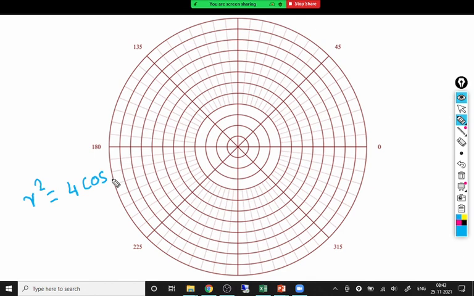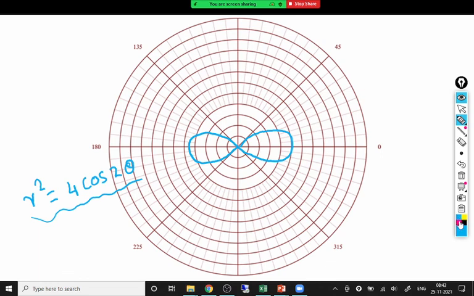If this is the curve, it looks like this, I will draw it directly. You will observe this is actually the symbol of infinity. The graph of r square equal to a square cos 2 theta looks like the infinity symbol.